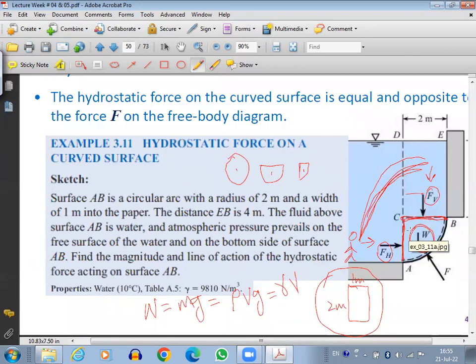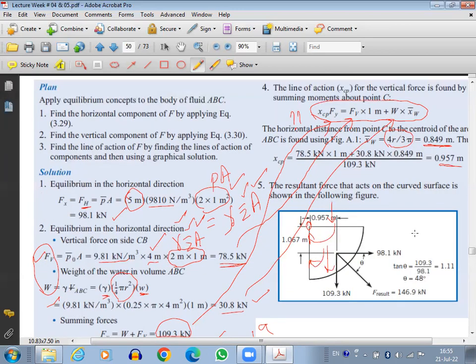So the Fy will be in between weight and Fv. So this is 1, this is 0.849, and Fy is 0.957. Very close to Fv, but not exactly at the same point. So xcp will be this.